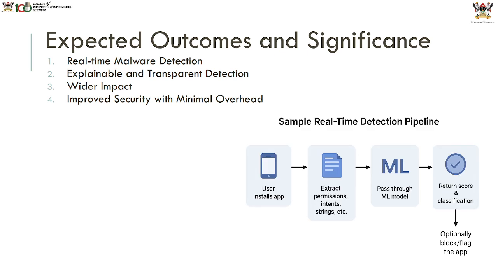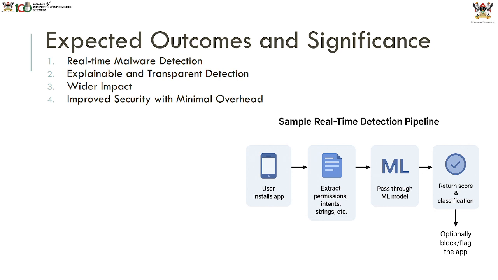So expected outcomes and the significance. After achieving our goal of coming up with a lightweight, explainable, real-time machine learning model detector, we expect to have a real-time malware detection. We expect to have explainable and transparent detection, whereby we are sure of how the model came to a conclusion or came to flag an app as malicious or benign.